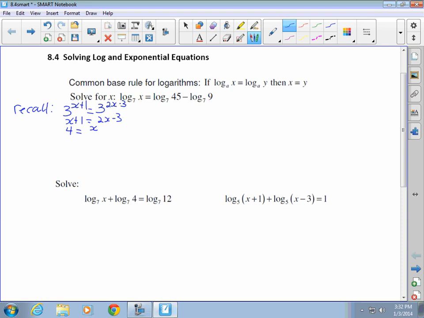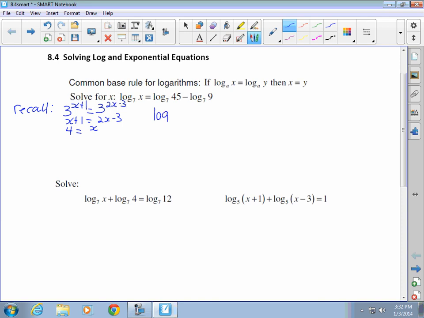So if I look at my question here, log base 7 of x is equal to log base 7 of 45 minus log base 7 of 9. First though, before I can do anything, I need to make sure I've got my logs together, if you want to think of it that way.